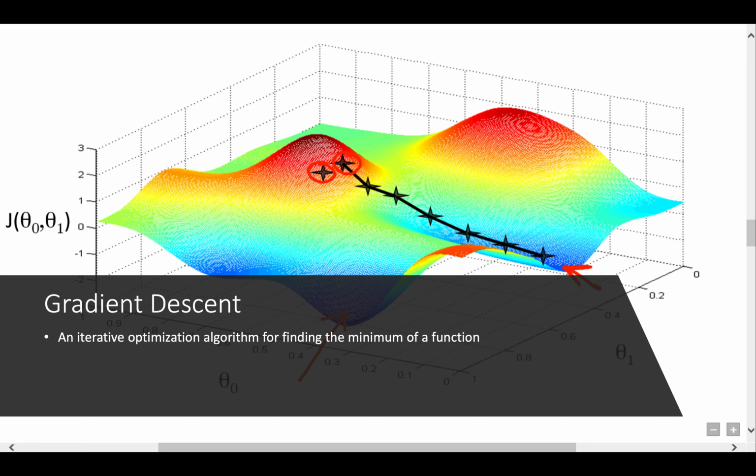To find a local minimum, what we do is start at some random point, it could be somewhere here, and then take a step proportional to the negative of the gradient or approximate gradient of the function at the current point. Gradient descent can be used to find optimal parameters for linear and logistic regression, SVM, and also neural networks, which we'll talk about later.